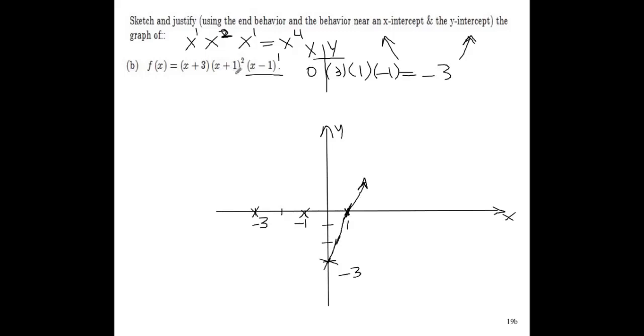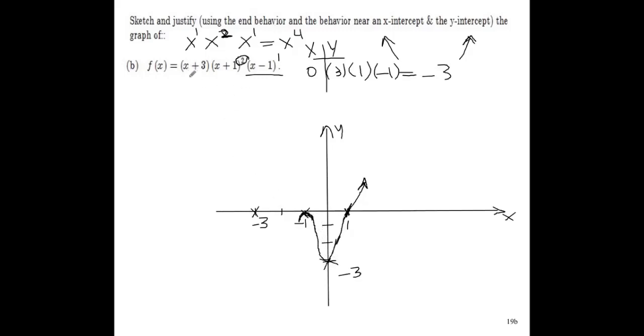At x equal to -1, we have the multiplicity of 2, so it means that it's going to be tangent to this point. It's not going to cross that, so it's going to go up somewhat like this.